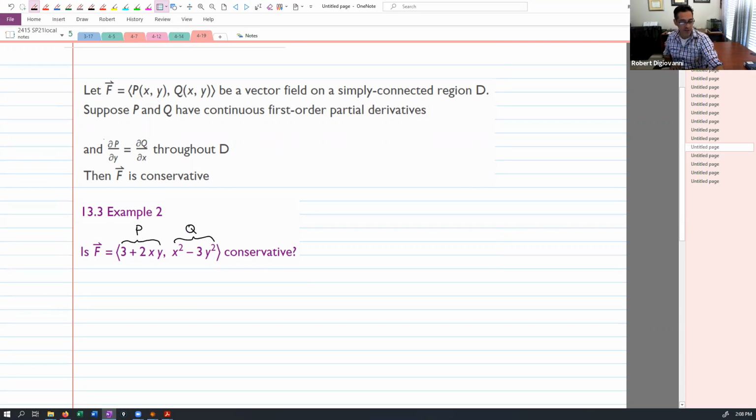And now I'm just going to run this test. So I'm going to take the partial of p with respect to y. That will just be 2x. Then I take the partial of q with respect to x, and what is it? 2x, right? Those are the same. Check. That's a conservative vector field.